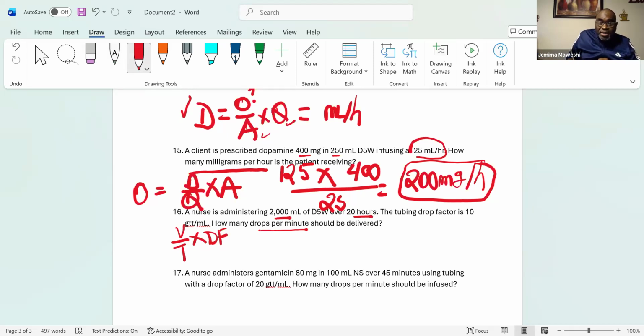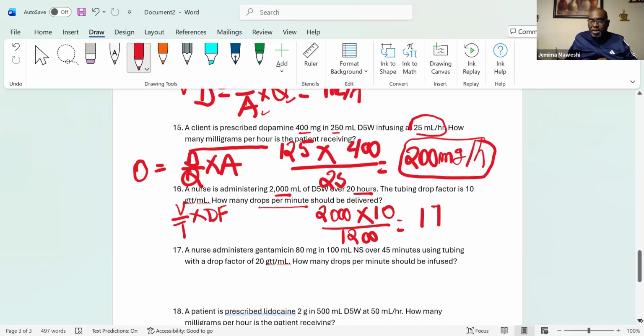You get 1200 minutes. So now we do our volume, which is 2000. You multiply that by 10, that is your drop factor, and divide that by 1200. So now I have 2000 multiplied by 10 divided by 1200. So now I got 16.66. Once you round that, it becomes 17.